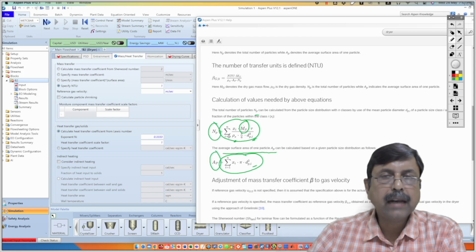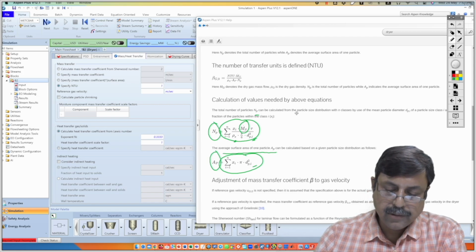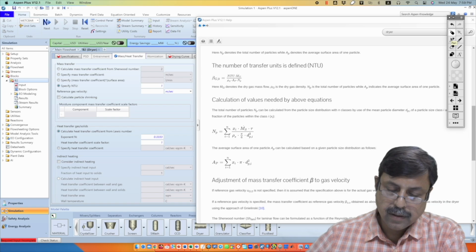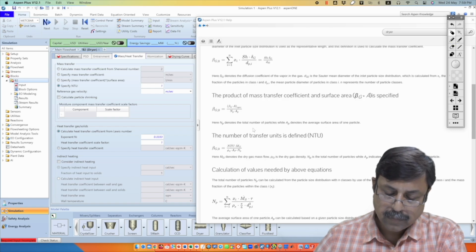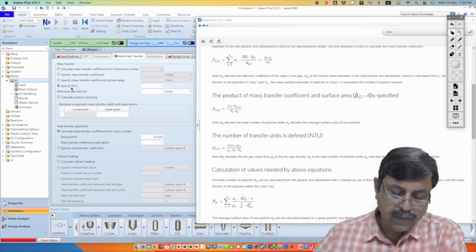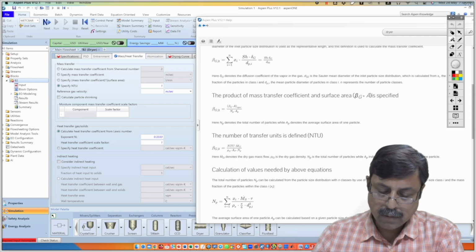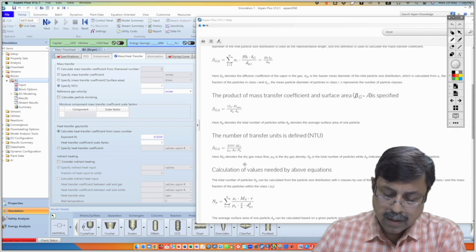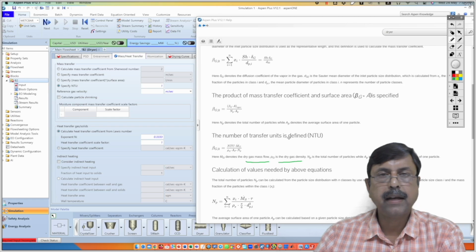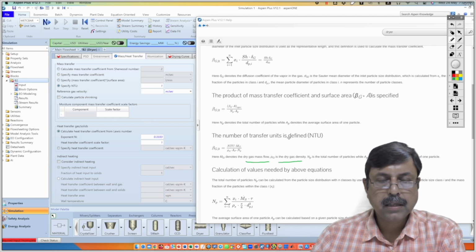So Aspen will calculate NP and AP, and based on that, as we have seen in the equation before, it will calculate the mass transfer coefficient. Similarly, if you specify NTU, the number of transfer units, other things can also be found by Aspen, like mg dot, the dry gas mass flow, and rho g, the dry gas density, and AP and NP you know how to calculate.